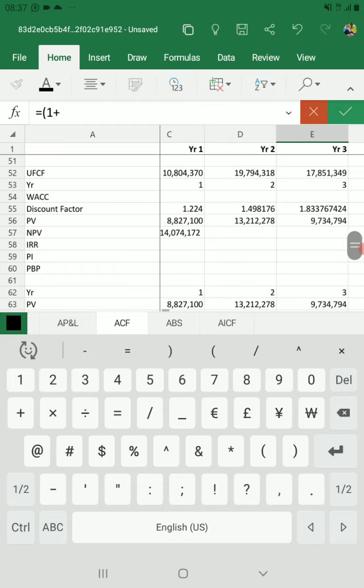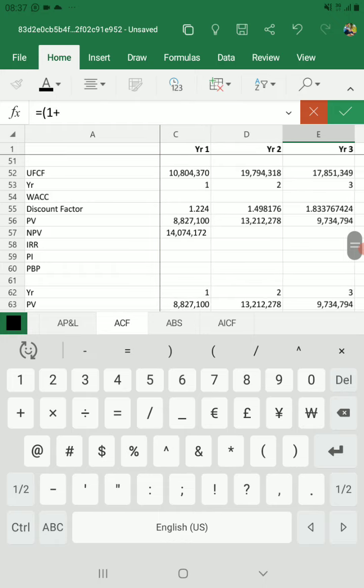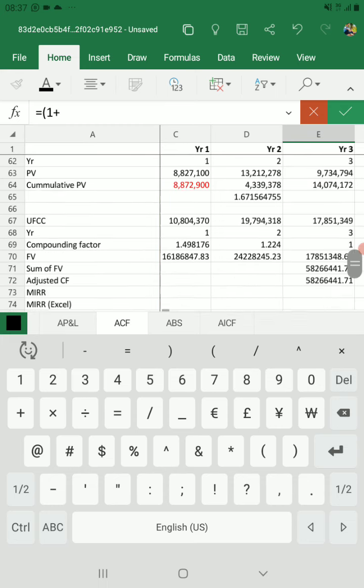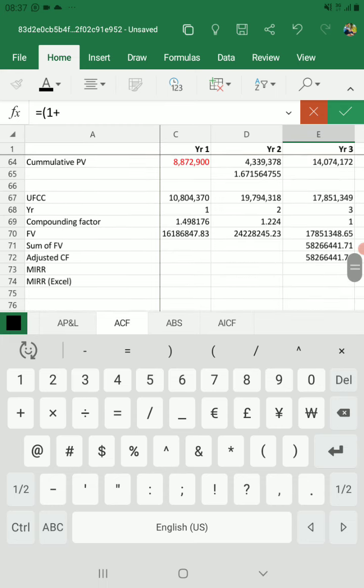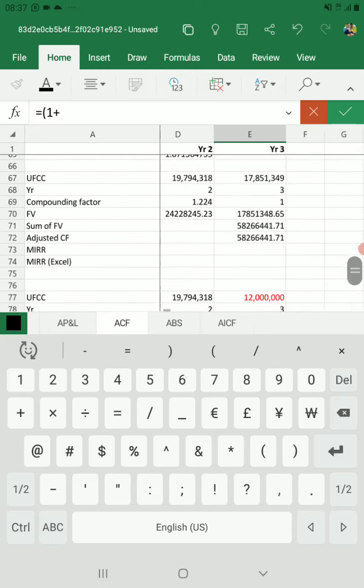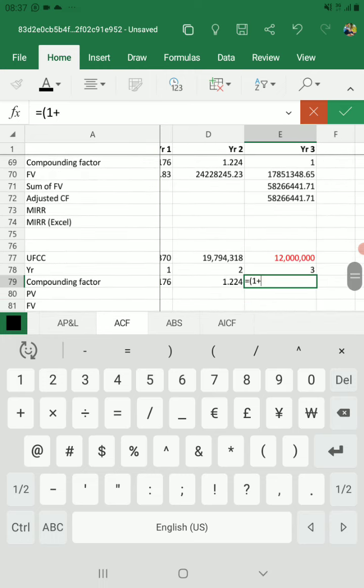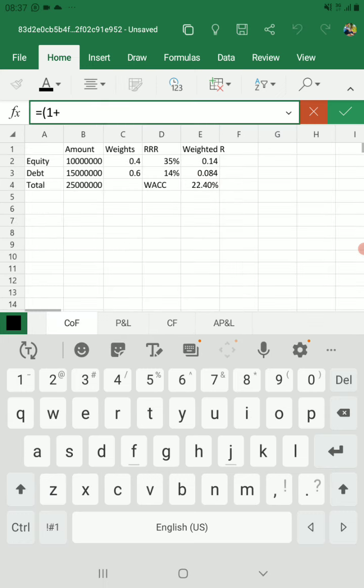But now we are not applying cost of capital, we are applying cost of debt, because in the formula for modified internal rate of return, negative cash outflows are discounted using finance cost. So our R here is going to be picked from our cost of finance sheet, which is this one.